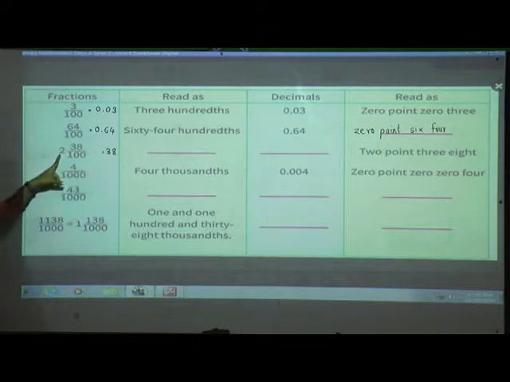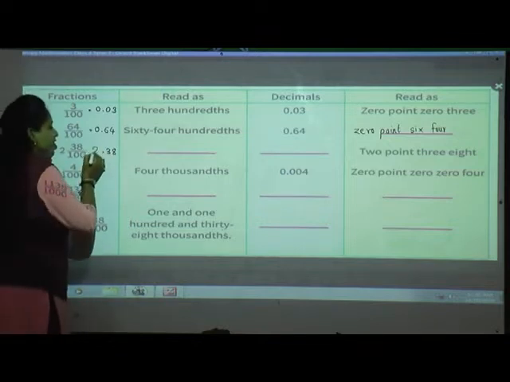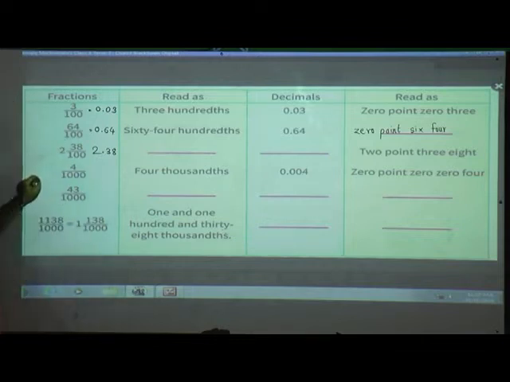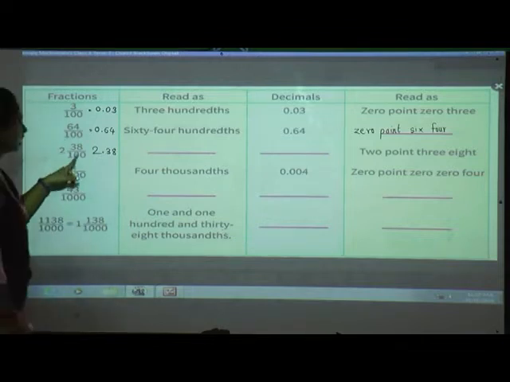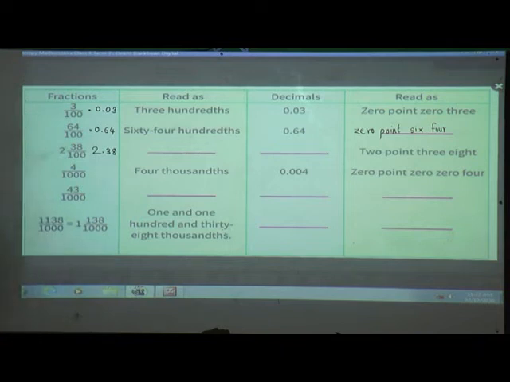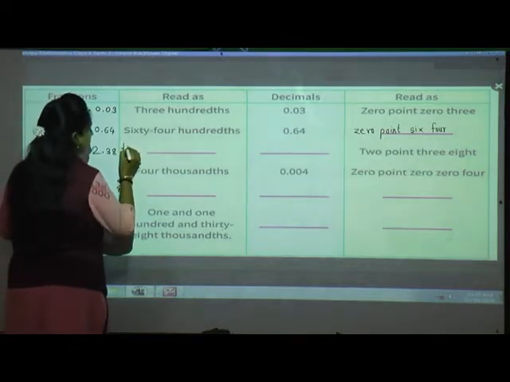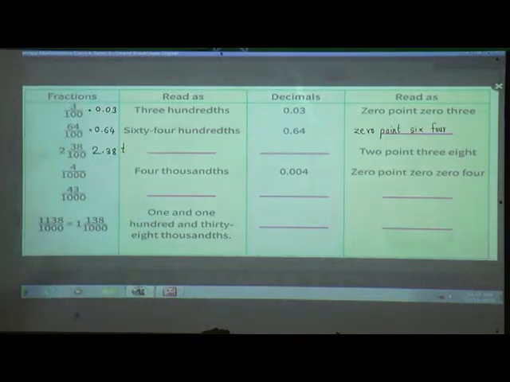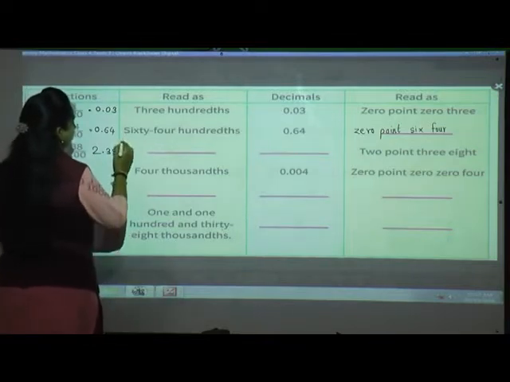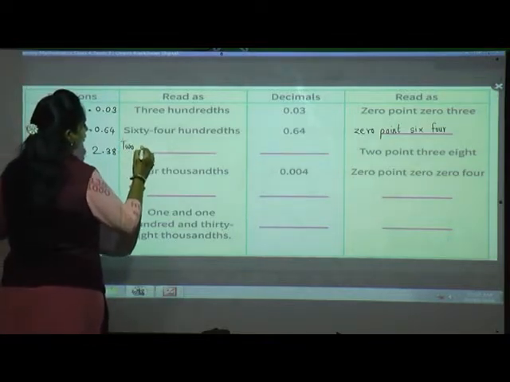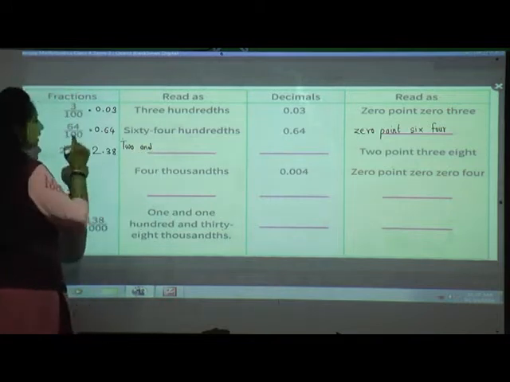Because they have already given a whole number, so we will write the whole number here. Okay. Now how can we write this? Yes, tell me. 2, and we have to write first the whole number 2, T is capital, 2 and 33.